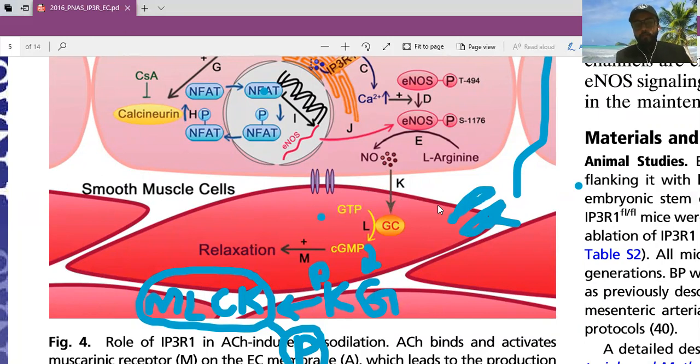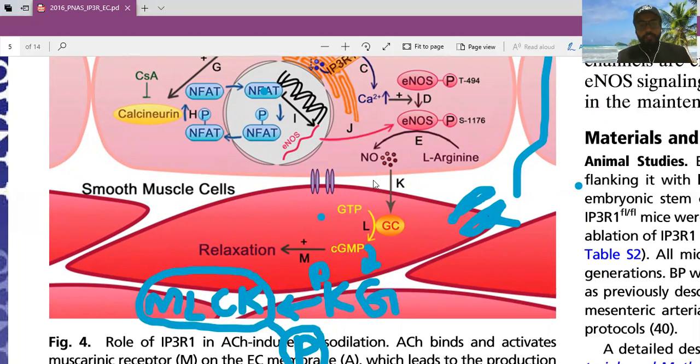And as we know, potassium is always rich intracellularly, and when the potassium channel is activated, the potassium will go outside of the cell, and it will lead to hyperpolarization, and this hyperpolarization then leads to vasodilation, or the dilation of the blood vessels. So this is the first mechanism of nitric oxide, that is how nitric oxide dilates the blood vessel. So we will see the next, or the second pathway.